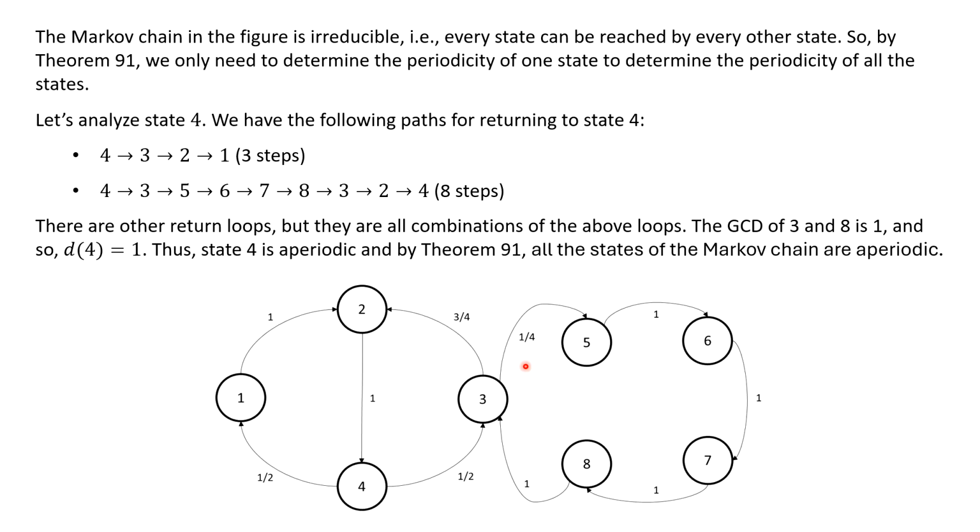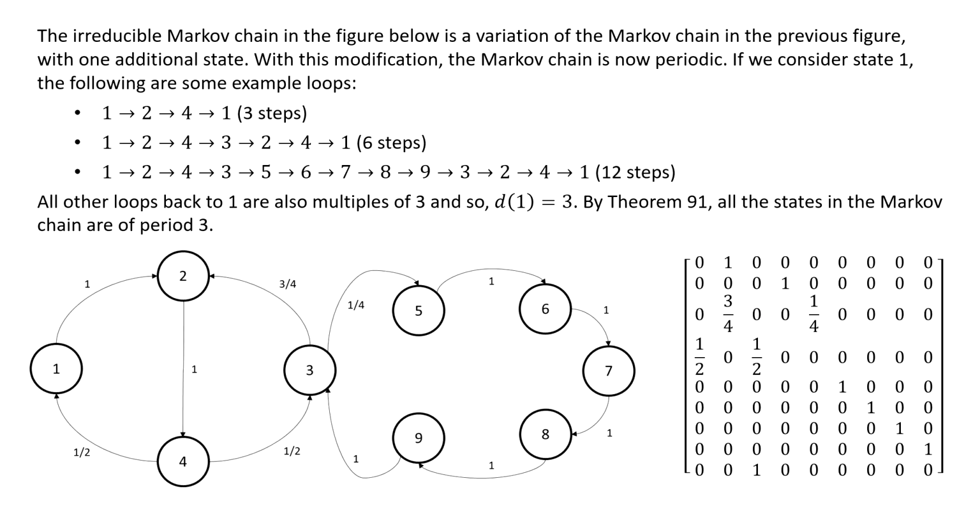And I have one more example where I modified this a little bit. The irreducible Markov chain in the figure below is a variation of the Markov chain from the previous diagram with one additional state. With this modification, the Markov chain is now periodic.